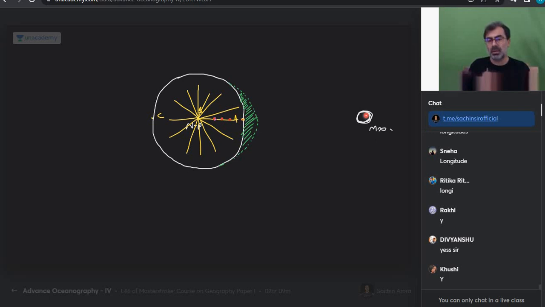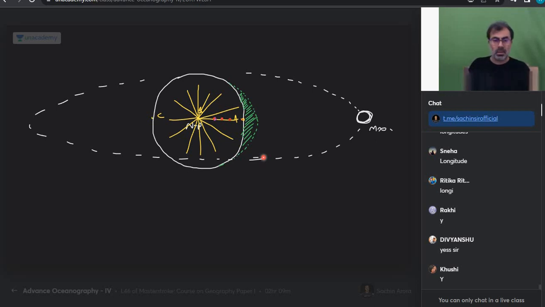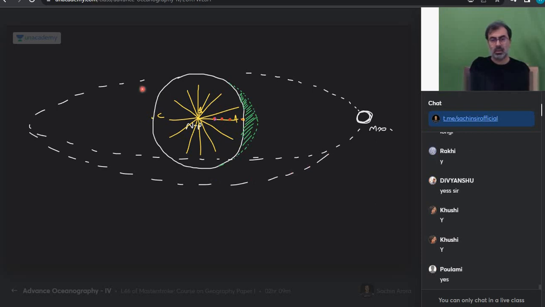Earth and moon, though moon is revolving around the Earth. How is this happening? Moon is revolving around the Earth. Yes or no? True? Happening or not? In fact, it won't come like this, it will come like this. With me on this, everyone?